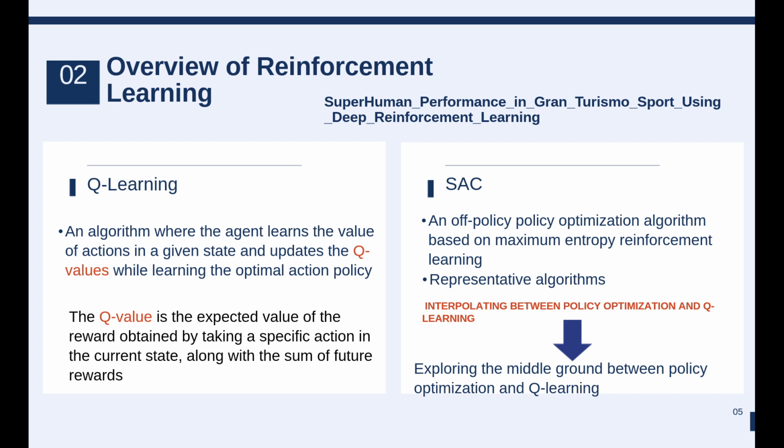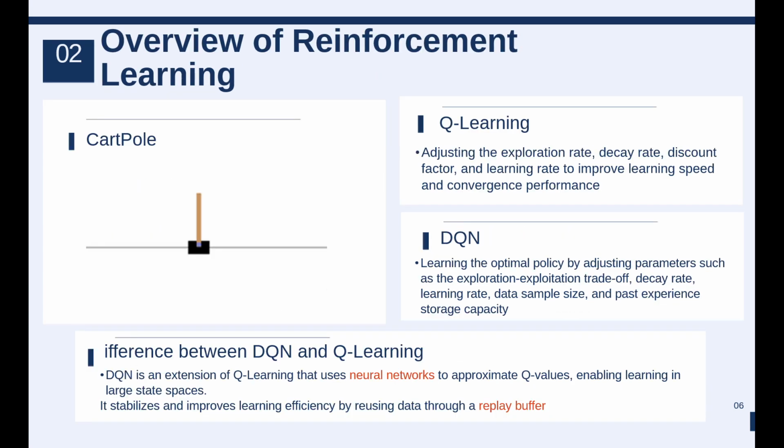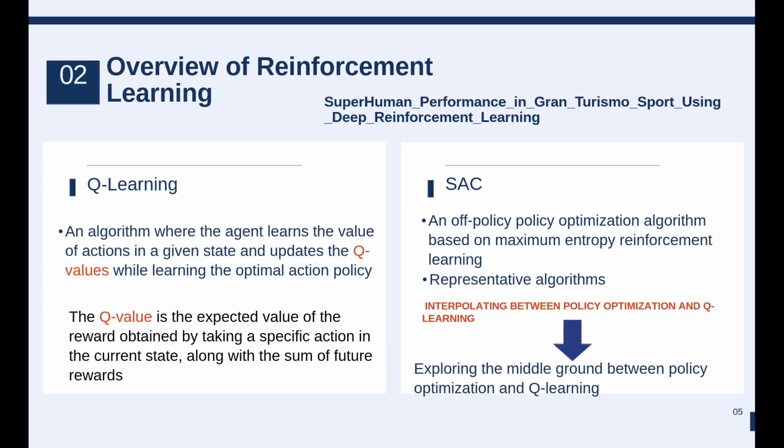Here, the Q value represents a numerical value indicating how good a particular action is. The SAC algorithm is an off-policy optimization algorithm based on maximum entropy reinforcement learning.